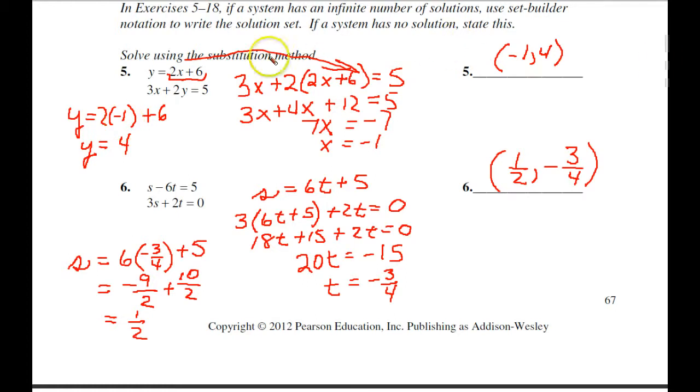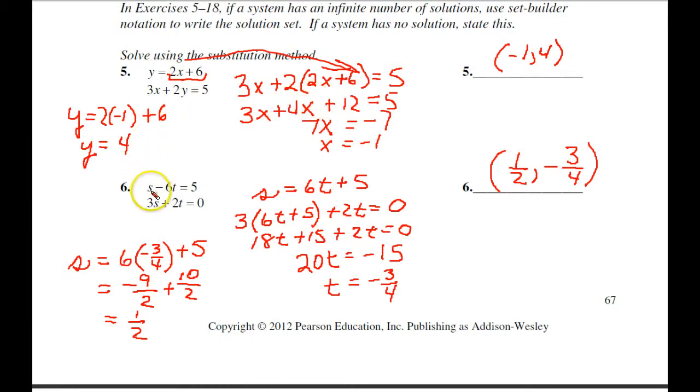And the method I used to solve for this was substitution, by finding either the x or the y, here it was a y, and then using this value in the other equation to replace the letter. And there's the work.